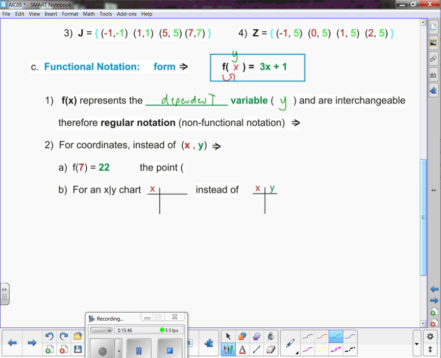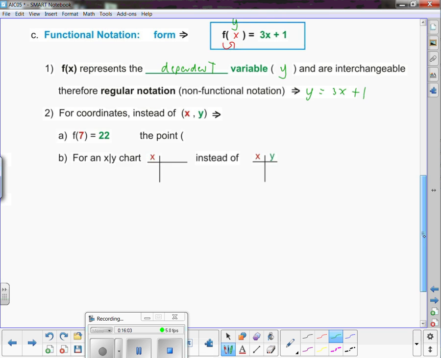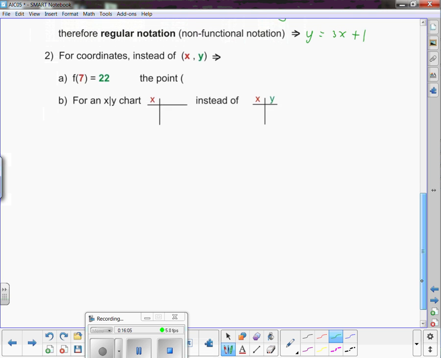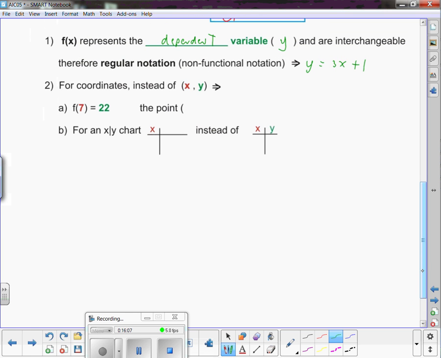Therefore, regular notation would be y equals 3x plus 1, non-functional notation, and functional notation is f of x. You say, well, why don't we just do y? Well, mathematicians are notorious for shortcuts, and we want to be able to quickly do something that is a shortcut. And so because of that, we do a notation like this.